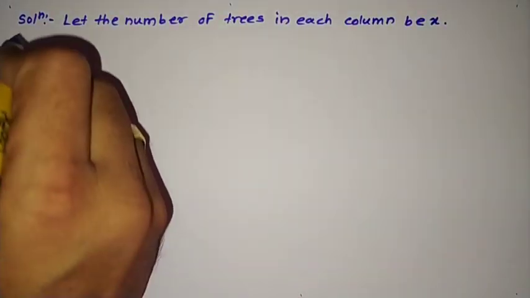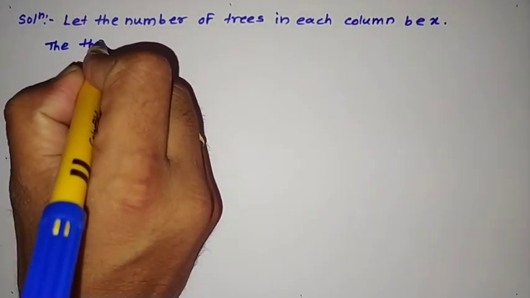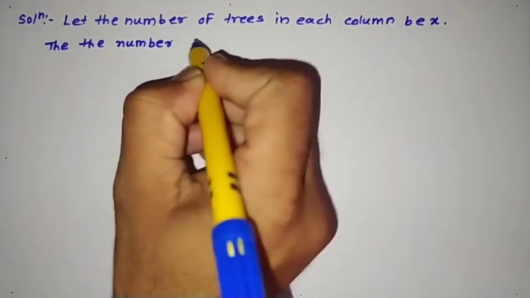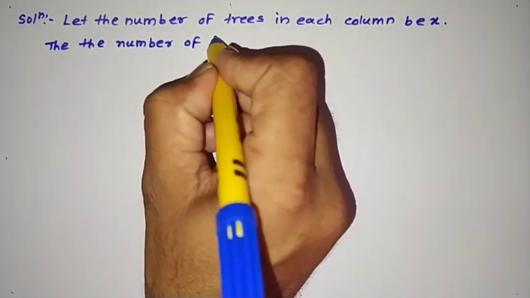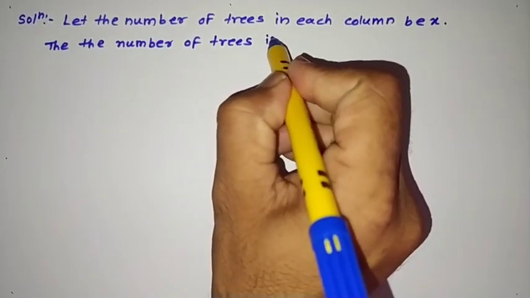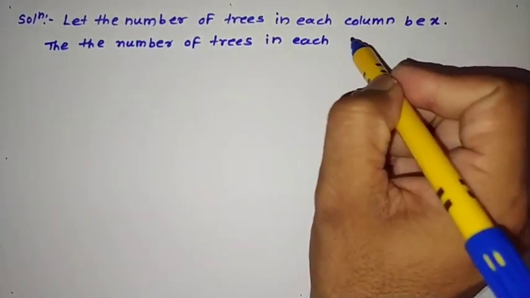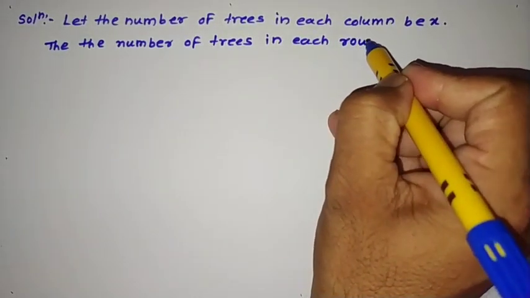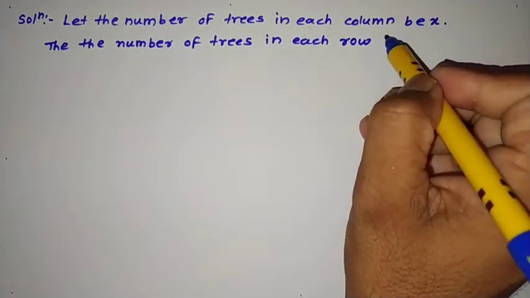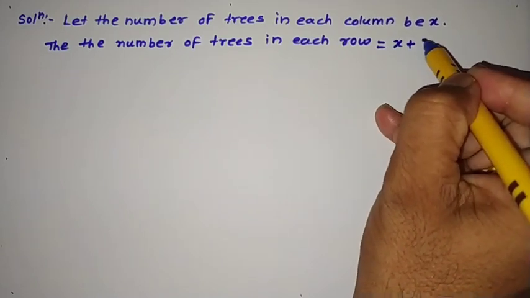Then the number of trees in each row is more than the column by 5. It means x plus 5.